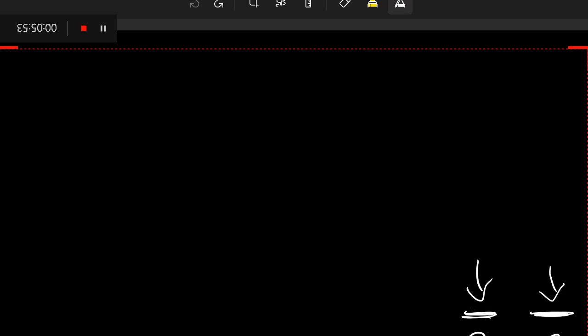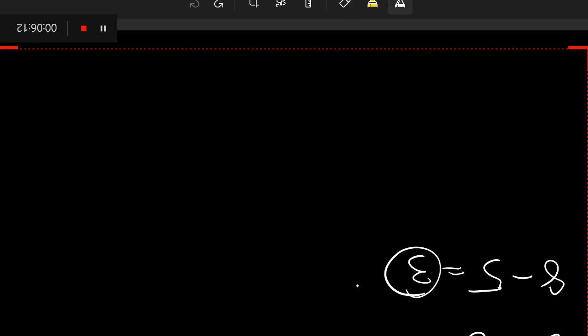So what you can do is already put a negative sign there and then flip it. You can do 8 minus 5. Well, what is 8 minus 5? That's 3. So you put 3 there, and 5 minus 8 is negative 3.